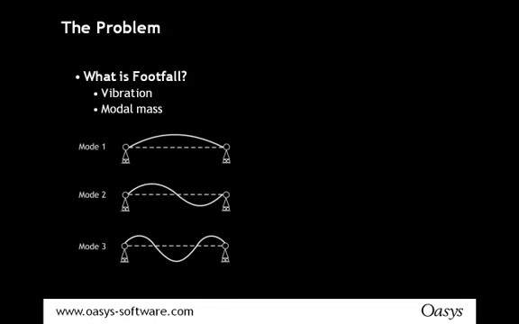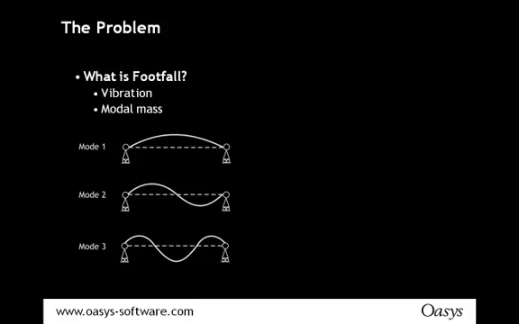Now the response of the floor is dependent on a number of things. First of all, there are the frequencies, but also the most important thing is the modal mass. Now, the modal mass is related to how much of the floor is actually moving in the various vibration modes.